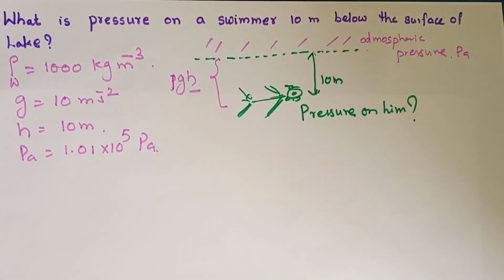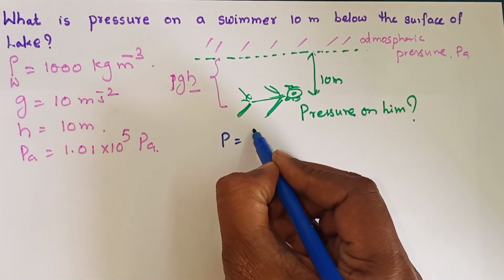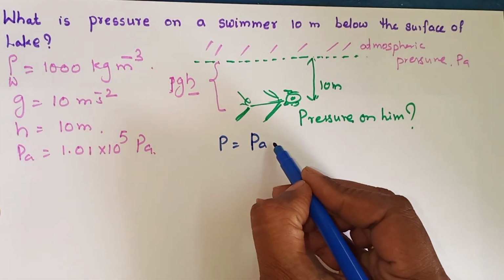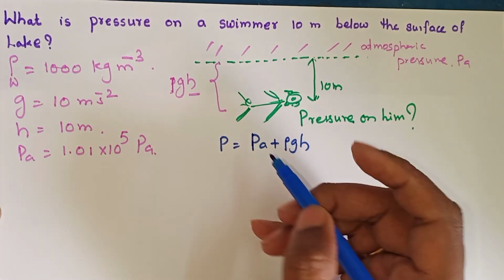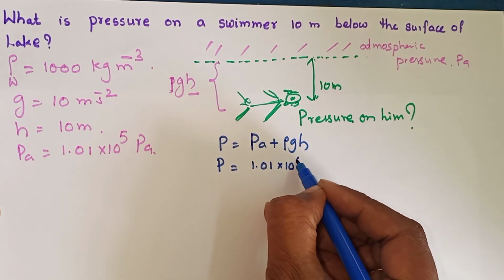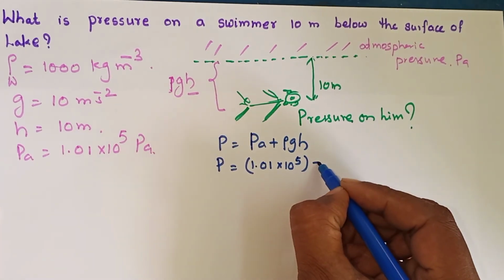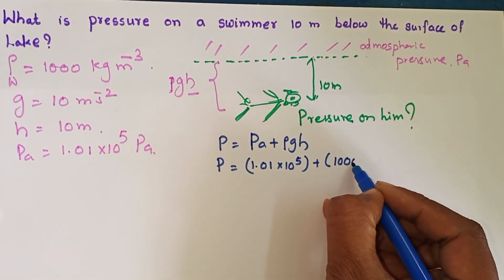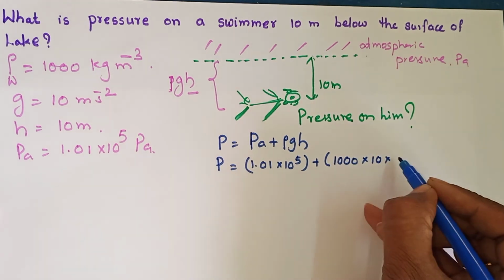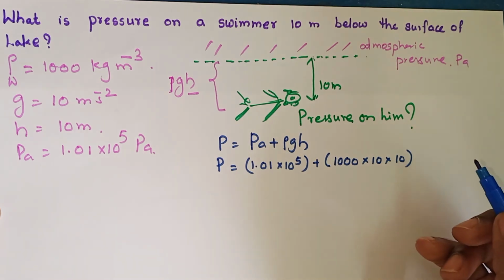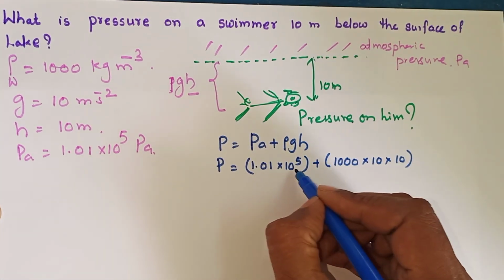This is called the complete absolute pressure. P is equal to atmospheric pressure plus gauge pressure, rho g h. So P is equal to 1.01 times 10 power 5 plus rho g h. Rho is 10 power 3, 1000, times 10 times height 10, which is 10 power 5.